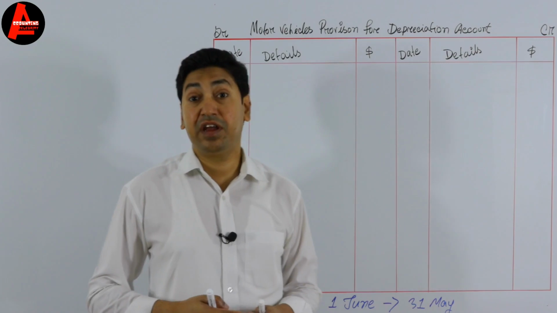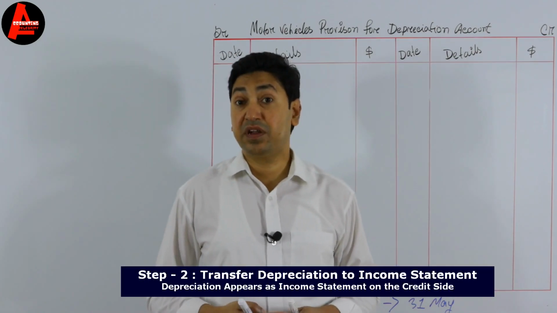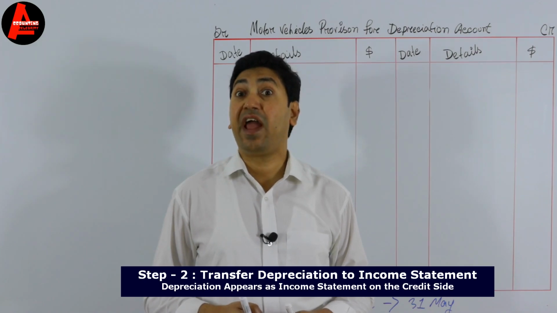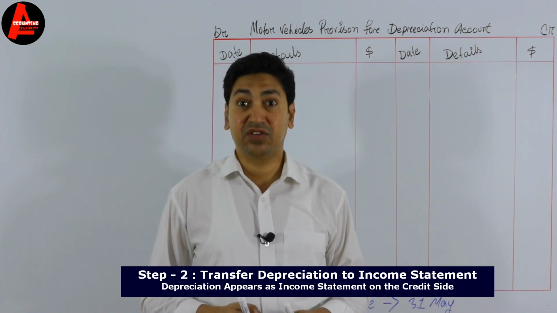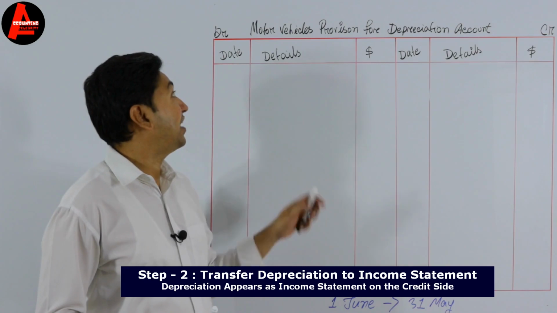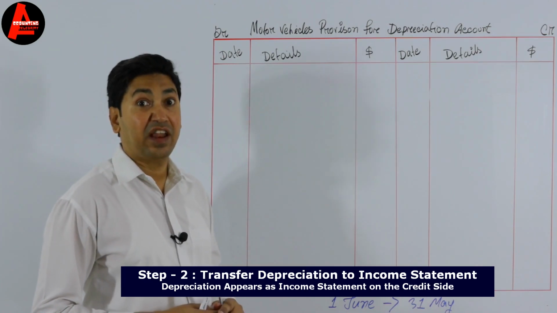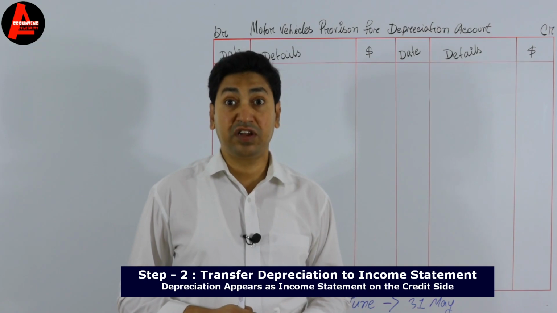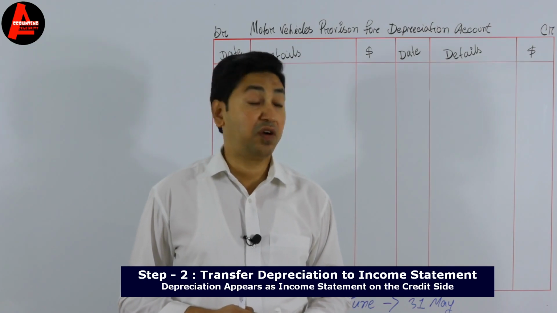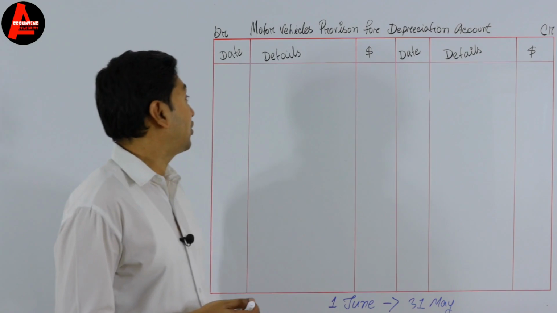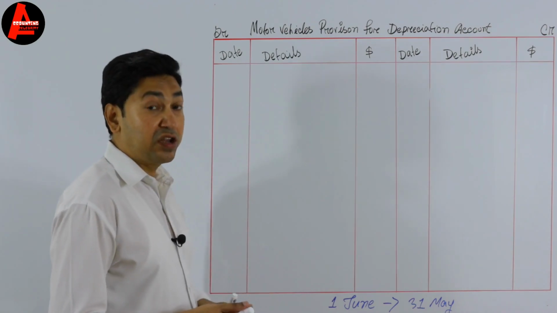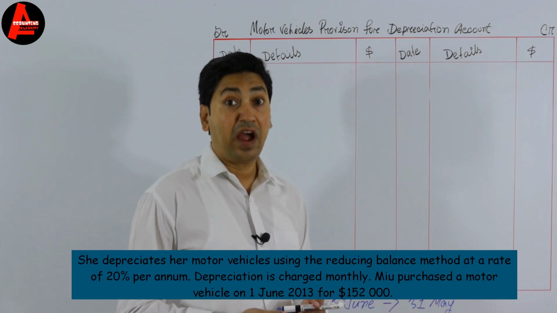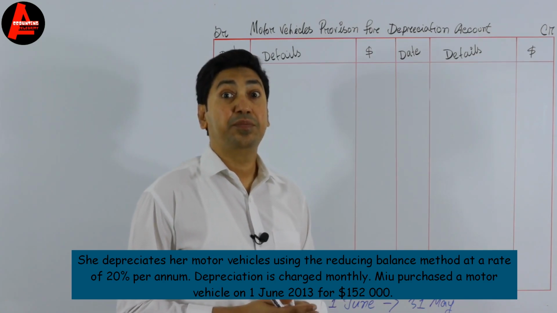Step 2, we need to transfer depreciation to the income statement for the existing asset. What is the asset here? It is the motor vehicle and the value is $152,000, which was there in 2014. In the question we see she applies the reducing balance method at the rate of 20%.